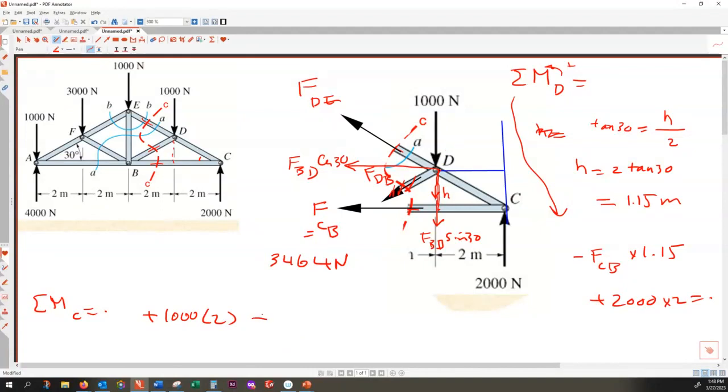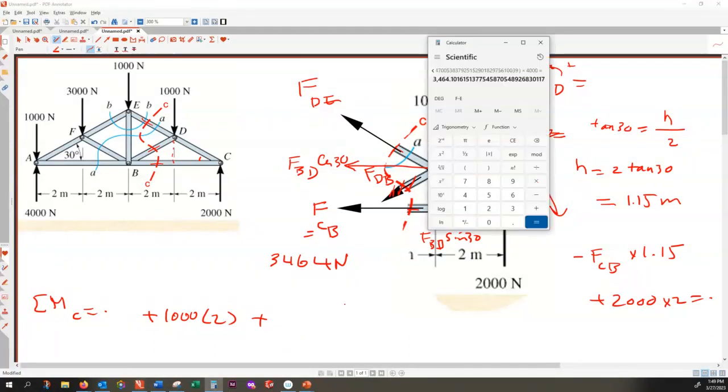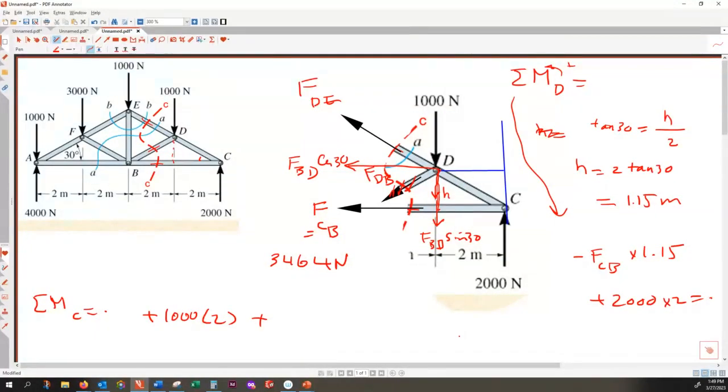And also I have positive FBD sine 30. That is half. So that is half FBD. And the arm of rotation is 2. And then I have FBD cos 30 multiplied by the arm of rotation, which is H. That is in a positive direction also.